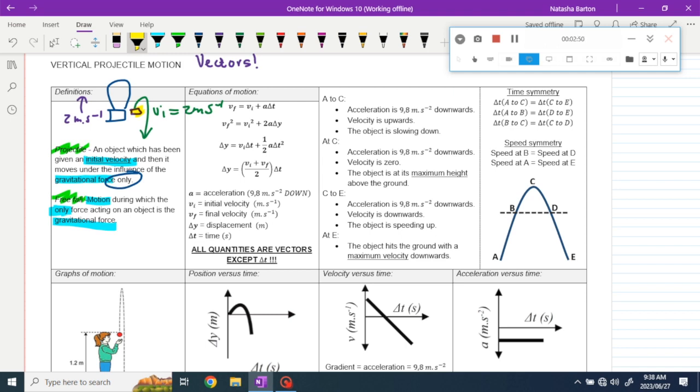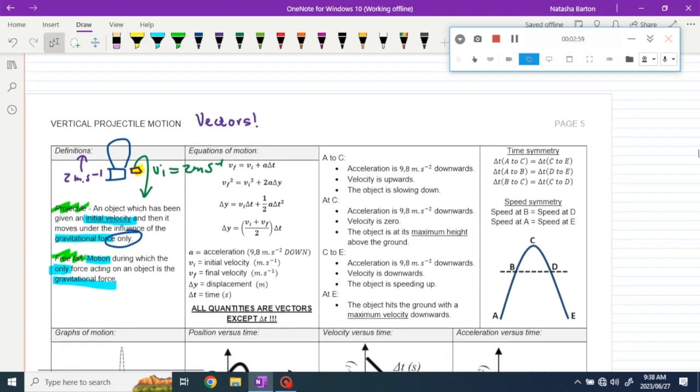A big problem in this section is that a lot of learners forget this. In this section, we are dealing with vectors. If you leave out direction, then every single one of your substitutions is going to be incorrect. The first thing you're going to do is check, do they tell you which direction to take as positive? Because if they tell you, you must stick to that.